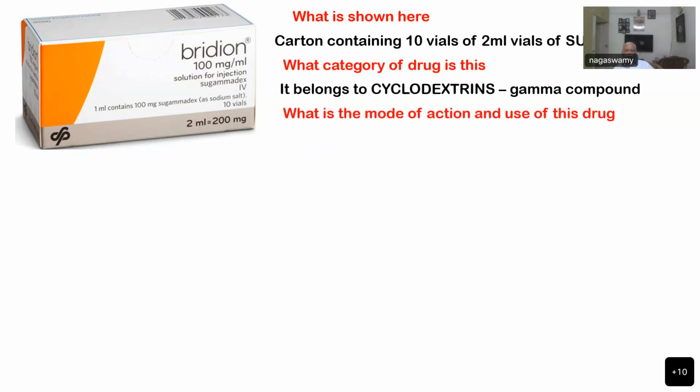What is the mode of action and use of this drug? How does it cause this reversal of the block? Encapsulation of the neuromuscular blocking molecules. So how is this encapsulation possible? What is the structure of that drug? Donut shape.